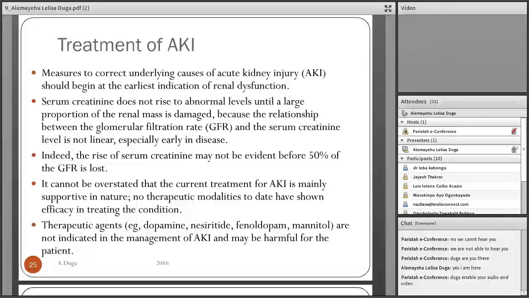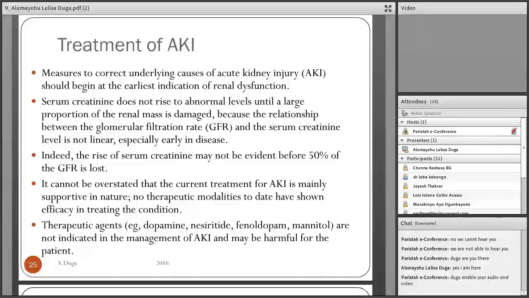So it can be observed that the current treatment of AKI is mainly supportive in nature. No therapeutic modalities to date have been shown efficacy in treating this condition. So usually we just take care of the patient with AKI rather than giving therapeutic modalities.